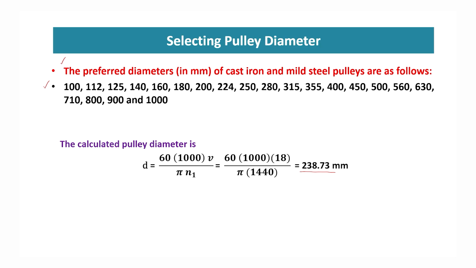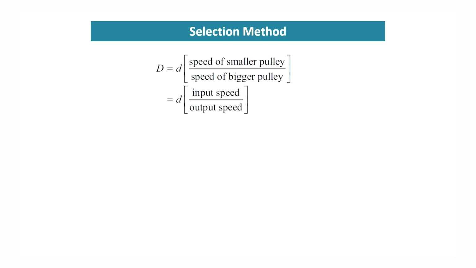So, in this given information, near to this 238.73 mm is 250, because 224 will be quite smaller in comparison and 280 will be quite bigger, so the preferred number which we will select is 250.